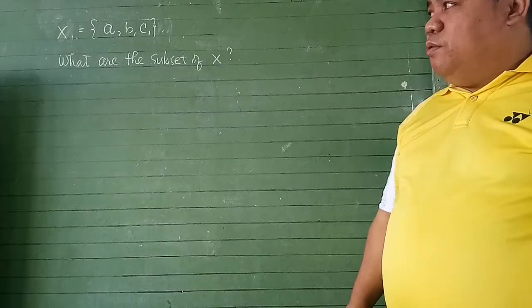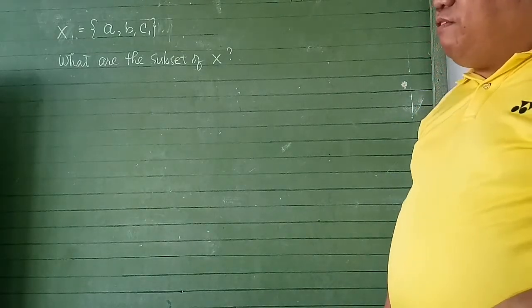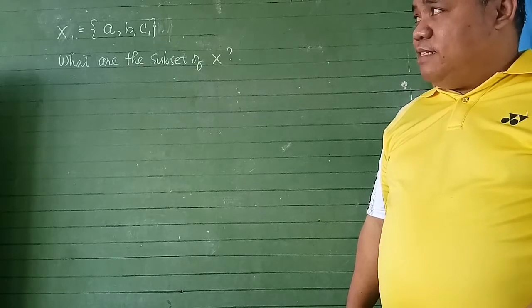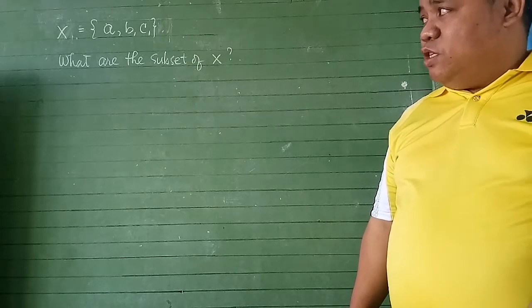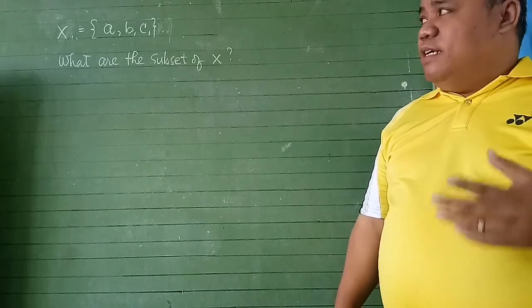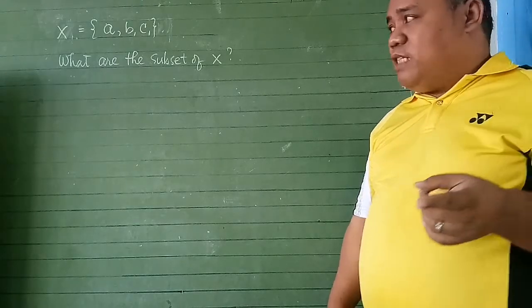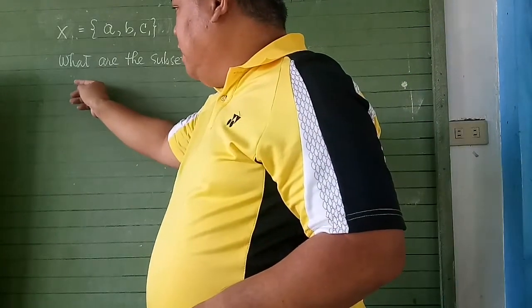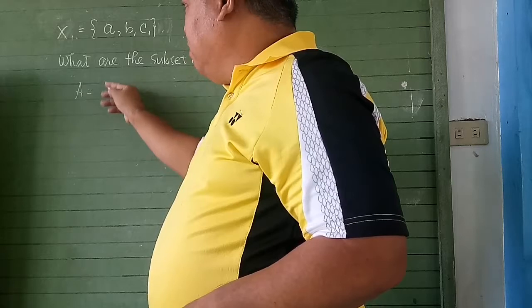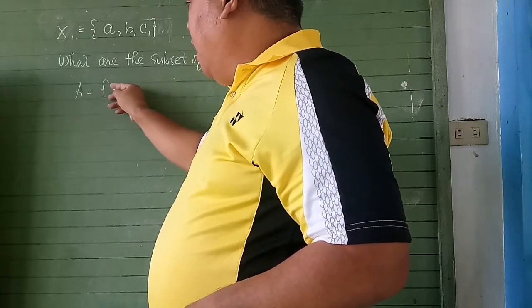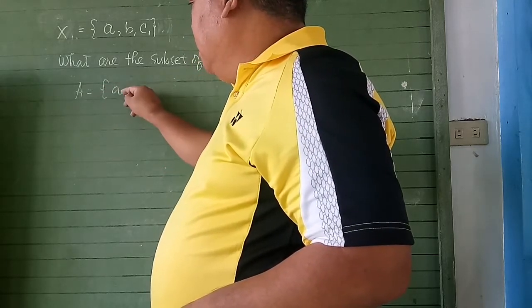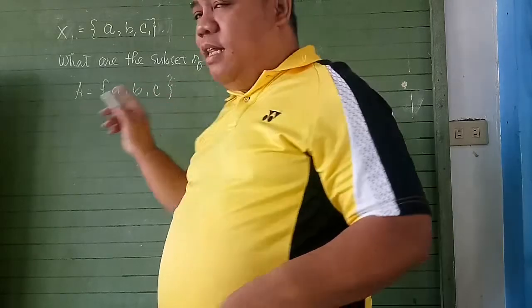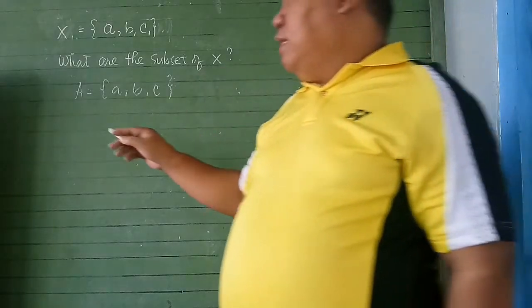Now, what if I ask you, can we find the subsets of X in a particular given set? Set X contains the elements A, B, and C. So what are the subsets of X? To find the subsets of X, we're going to write down those subsets. Let's say here, set A contains A, B, and C. So here, set A is a subset of X. What else?